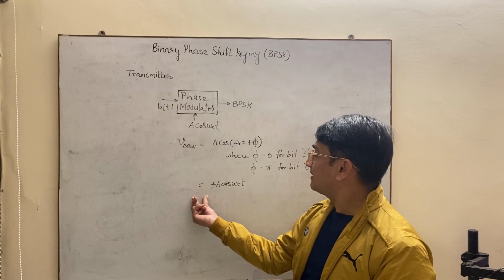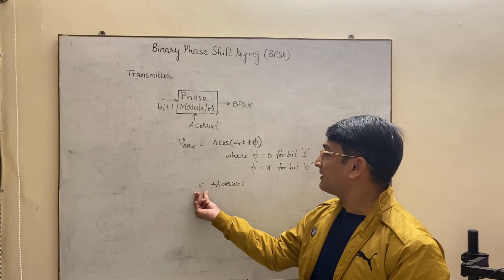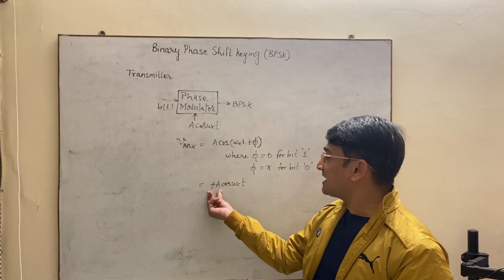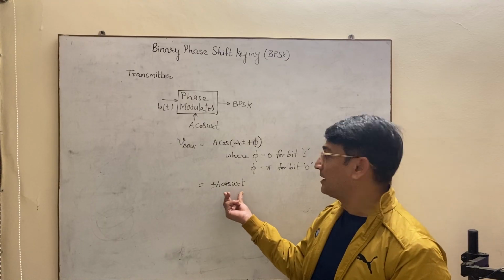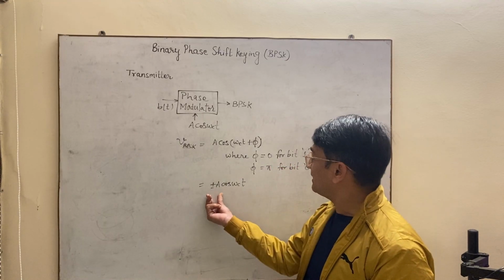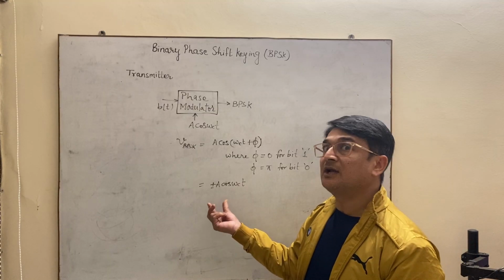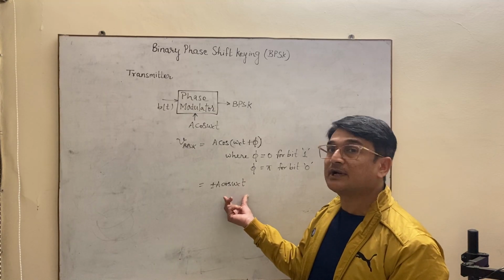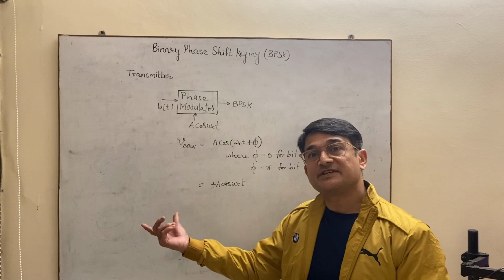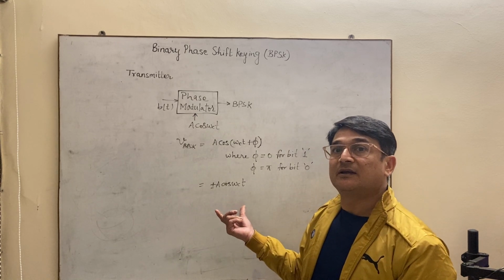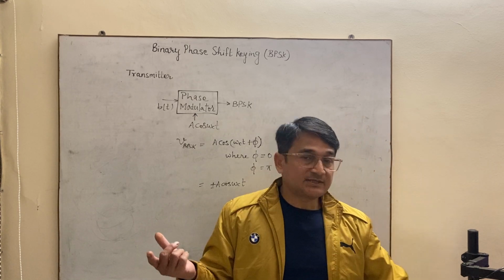So in a generalized way you can write your BPSK signal as plus minus A cos omega ct. Plus represents bit 1 and minus represents bit 0. So when you transmit bit 1, you are transmitting A cos omega ct, and when you transmit bit 0, you are transmitting minus A cos omega ct.